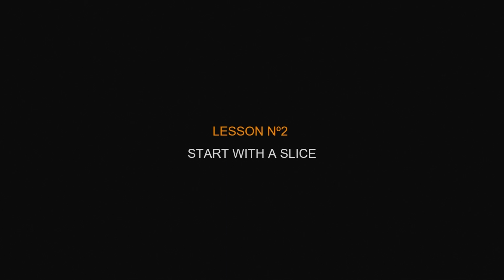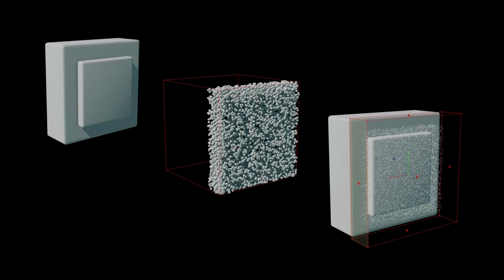So here another little lesson that I'm going to give you. Start with the slice. And what I mean by it, don't start simulating your whole simulation until you test proof that all of your steps and things that you want to happen in your simulation work on a slice, and you can save enormous amount of time with this. So here what I did, I adjusted the collision object so the points are not escaping somewhere when I run the simulation. And also within your dynamics, you can scale down the bounding box of your, let's say, voxels within the flip solver.